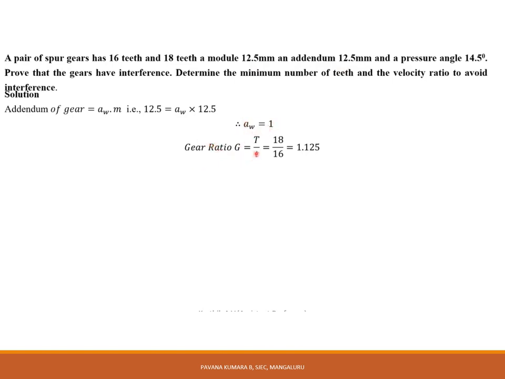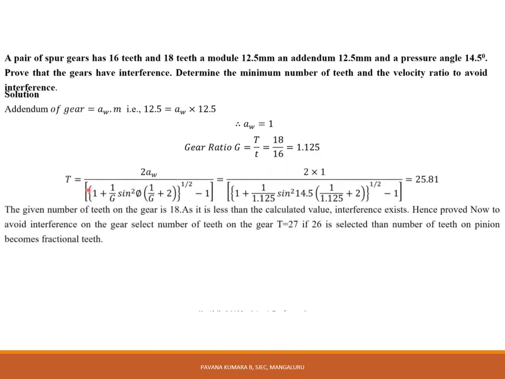Then gear ratio is equal to capital T divided by small t. Both data are given, so from that you can determine the gear ratio. So capital T, the formula is this one. Using this you can determine capital T as per the given data. G is given, phi is given, and AW is 1. So from that you can determine capital T.